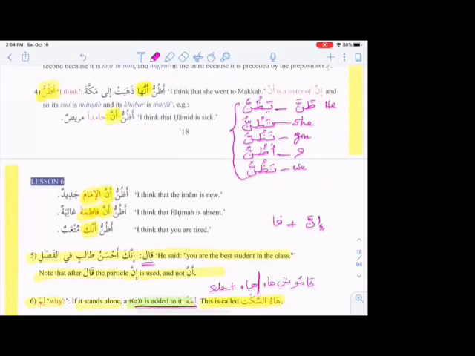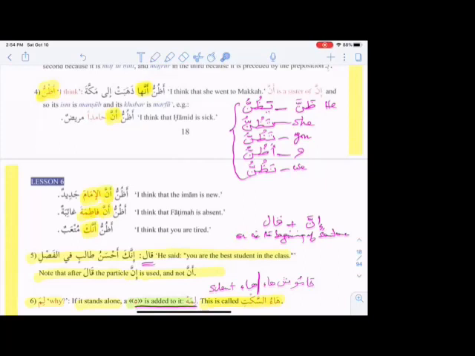Qala, or in the beginning of a new sentence. Now this, my brothers and sisters, we have to remember, never forget that.